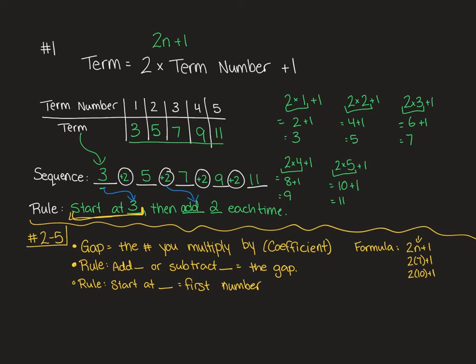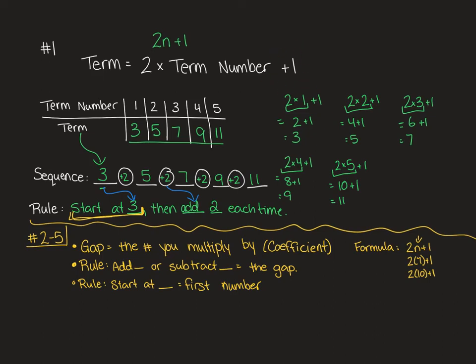Now, when you're looking at the formula, we already talked about how the gap is the number you multiply by, right? Now, the first term in the sequence is always your gap, and then plus or minus the number you add or subtract.